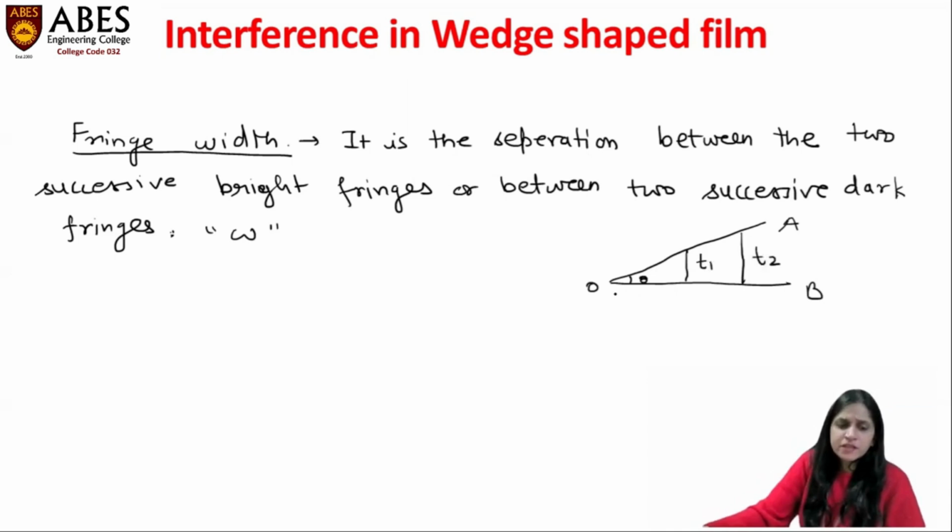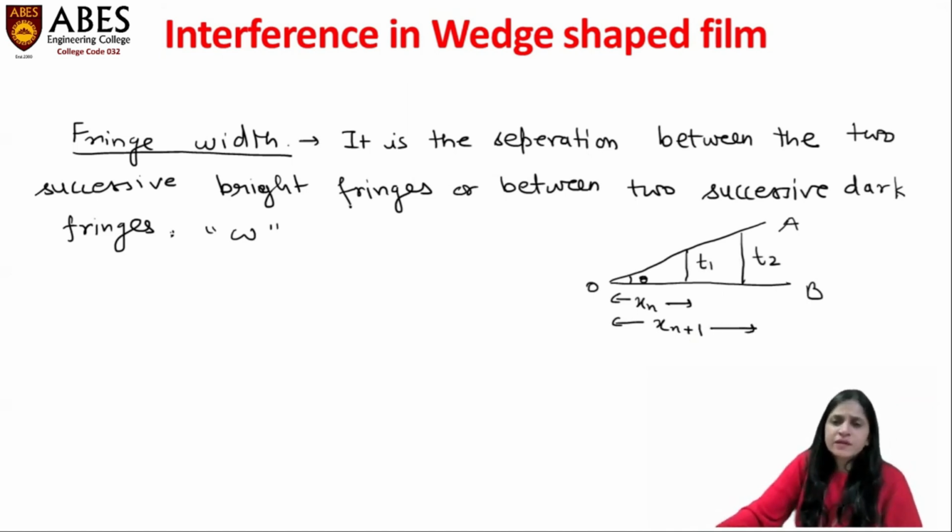So at T1 thickness, there is the nth dark fringe with the distance xn from the edge. And at T2 thickness, there is the n plus 1th dark fringe at the distance x n plus 1. Okay.